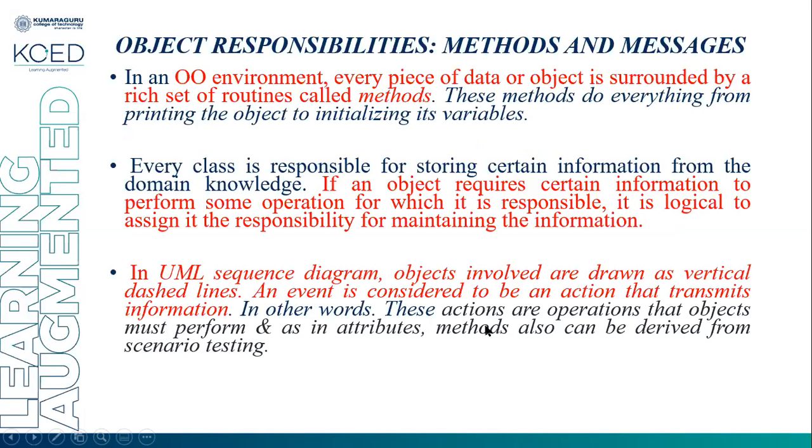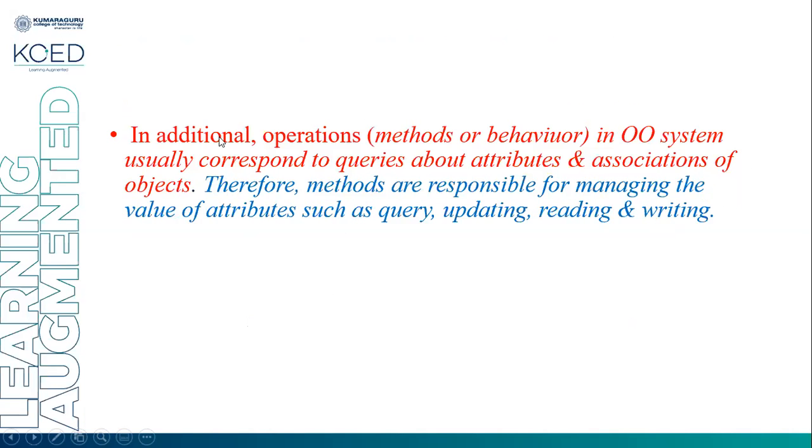In other words, these actions are operations that an object must perform, as attributes and methods, and they can also be derived from scenario testing. In addition, operations, methods or behavior in an OO system usually correspond to queries about the attributes and associations of objects.